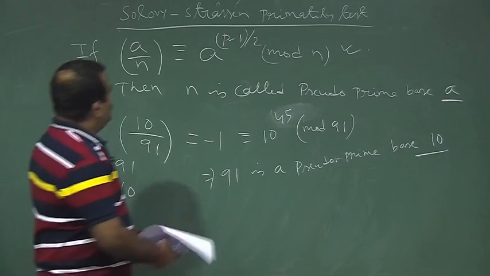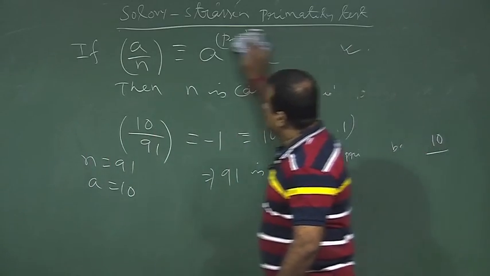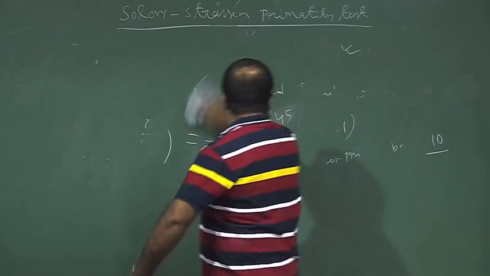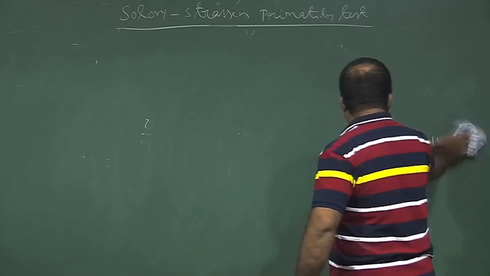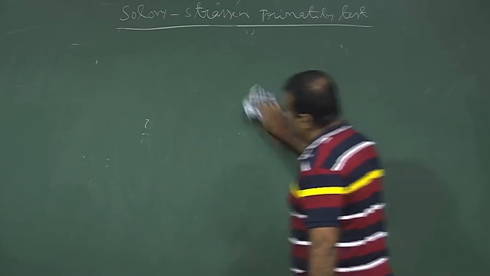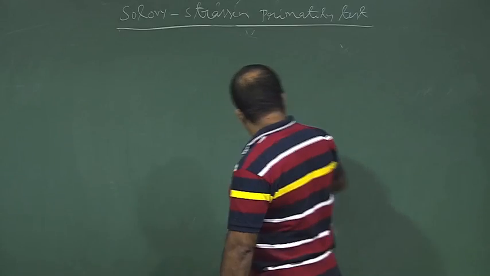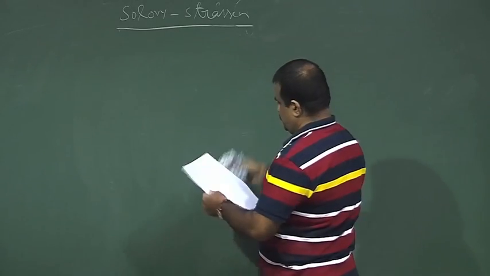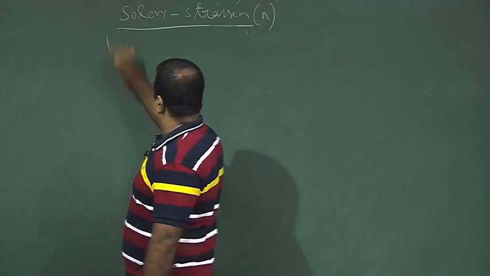Based on this we have the primality testing algorithm, which is the Solovay-Strassen algorithm, taking an integer n as input and telling us whether it is a prime or not. This is a probabilistic algorithm, so it may be correct or not with some probability.